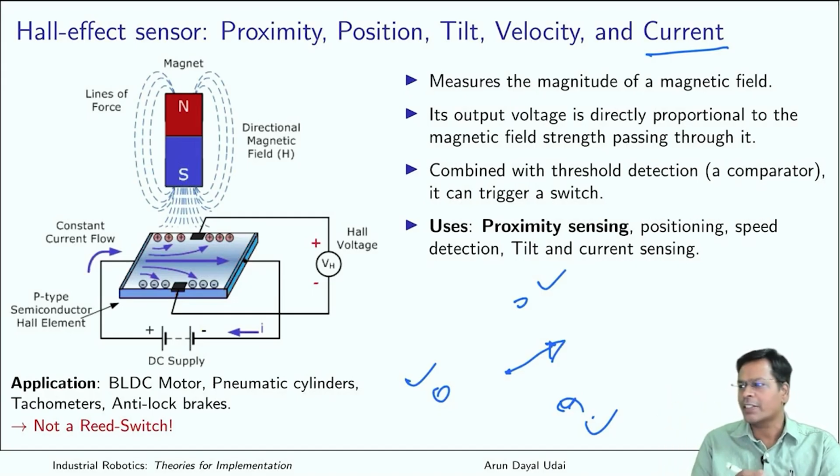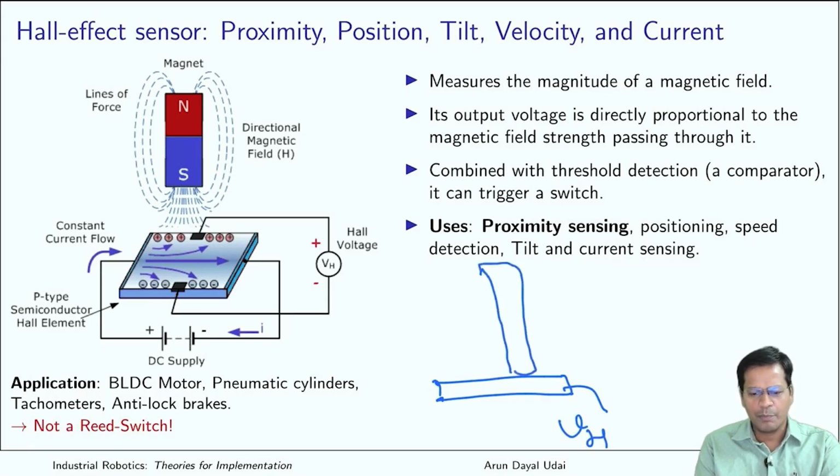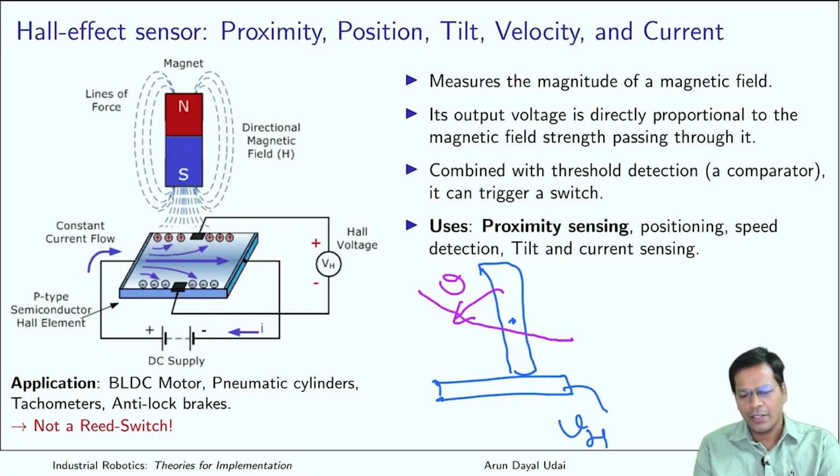Okay, it can be used like a tilt sensor. Let us say you have this plate which can detect the Hall sensing voltage. And now you have a long magnet which can pivot about this. If this is getting tilted by a certain angle and it has now oriented like this, the field which is passing through this plate is different.